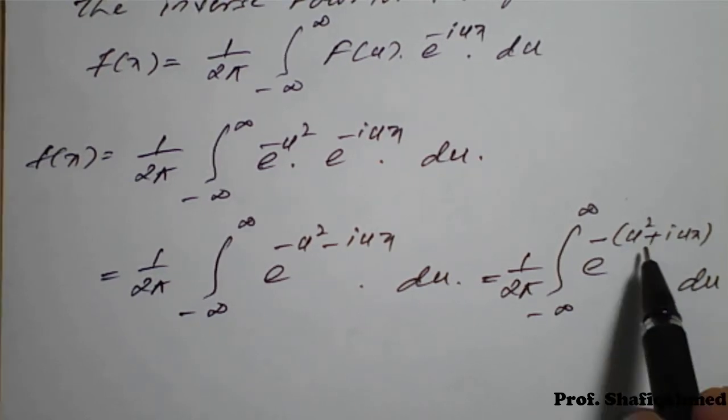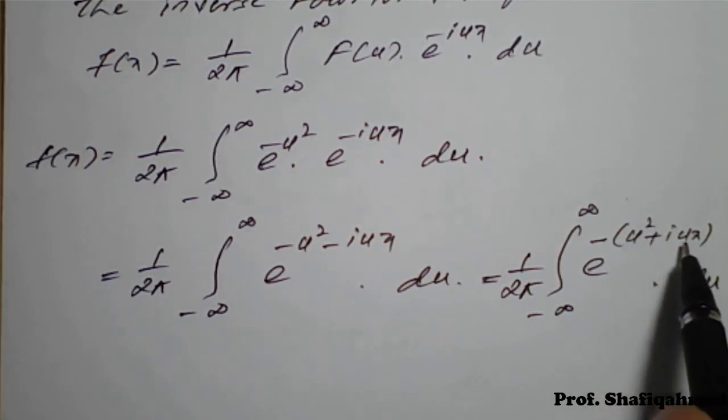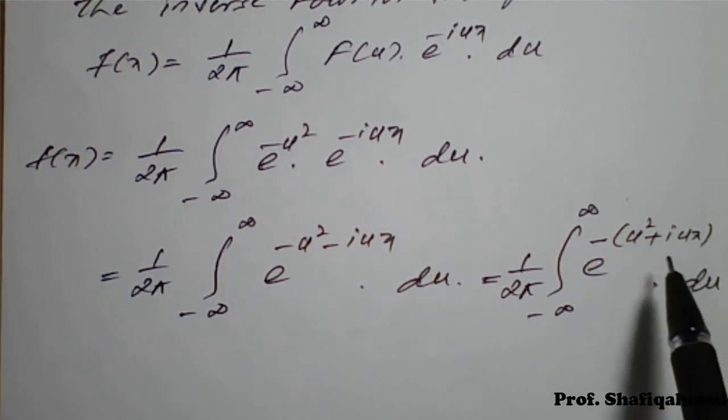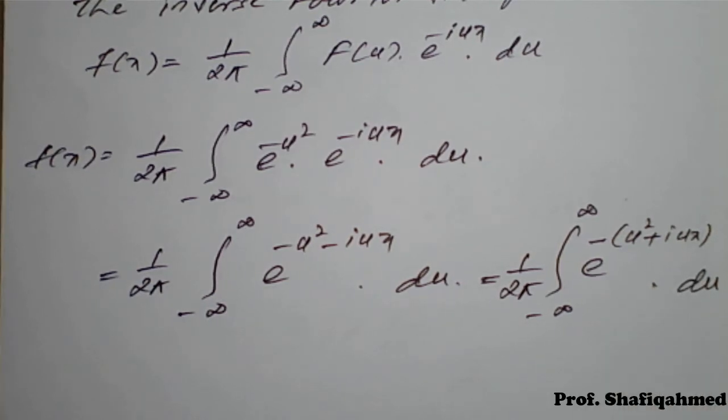Then again this u square plus i u x we will write in the form of a plus b whole square, that is a square plus 2ab plus b square form.